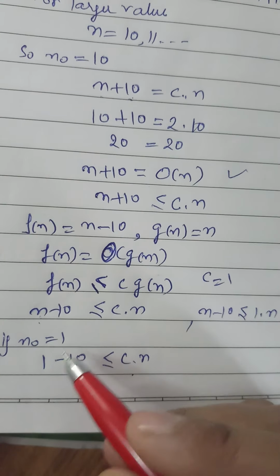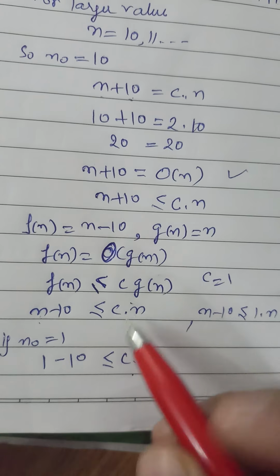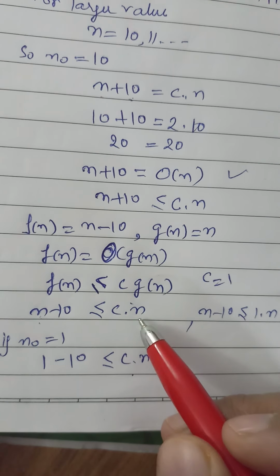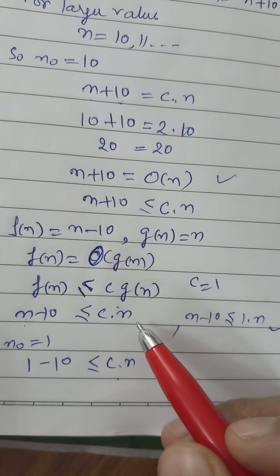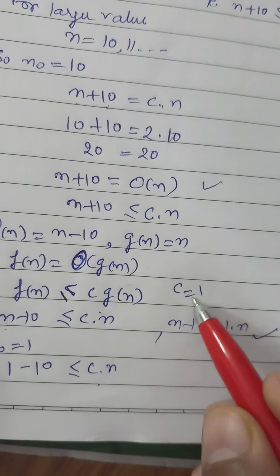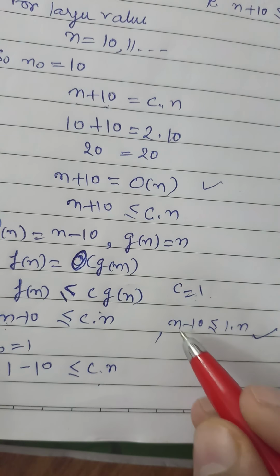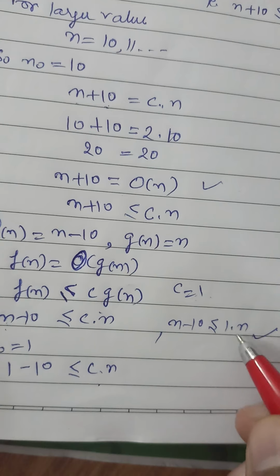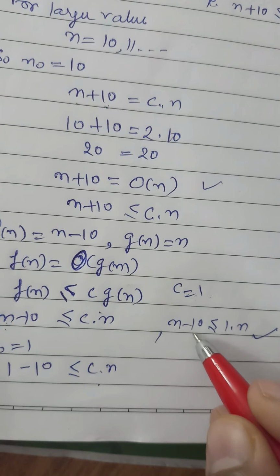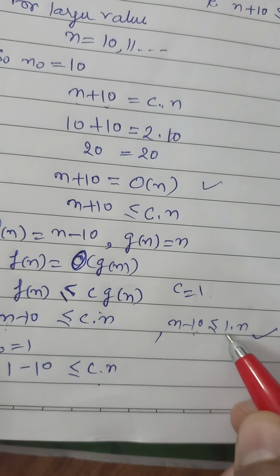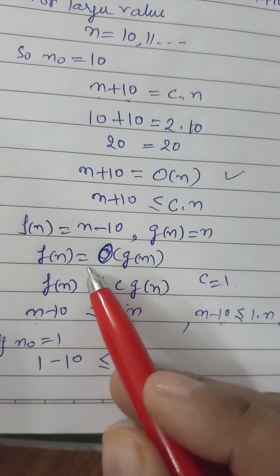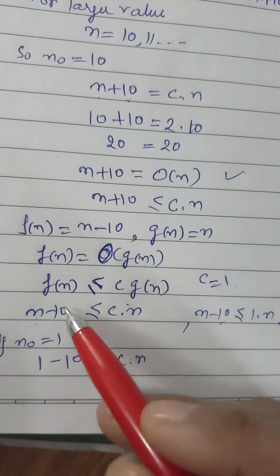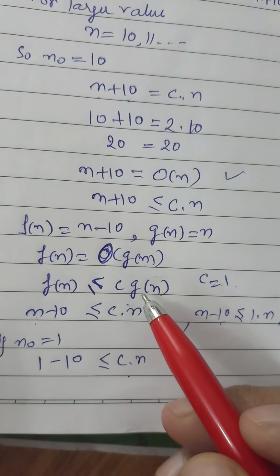So if we take n naught value 1, this also proves the same thing, that 1 minus 10 is obviously less than or equal to c n, whatever the value. Or if we put c equal to 1, then n minus 10 is less than or equal to 1 into n. Definitely, because here it is n minus 10, it will be less than or equal to n.